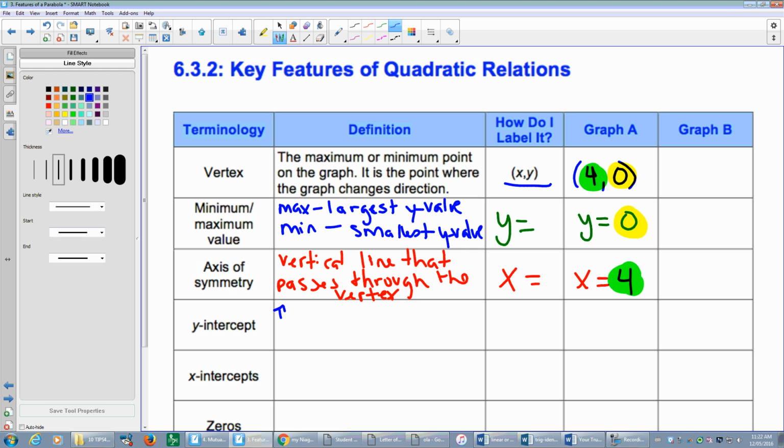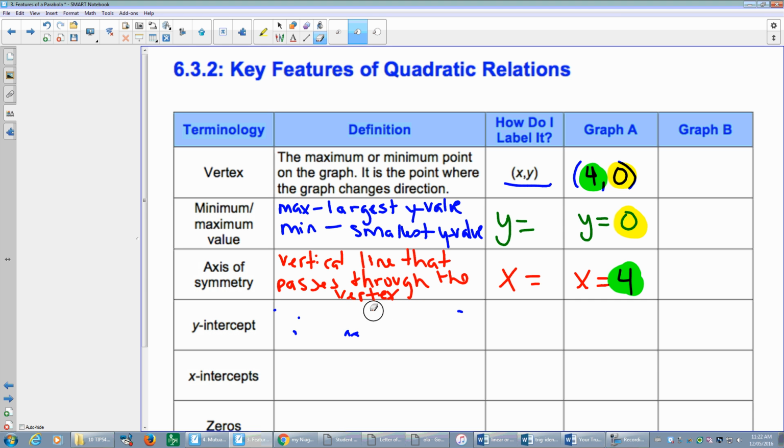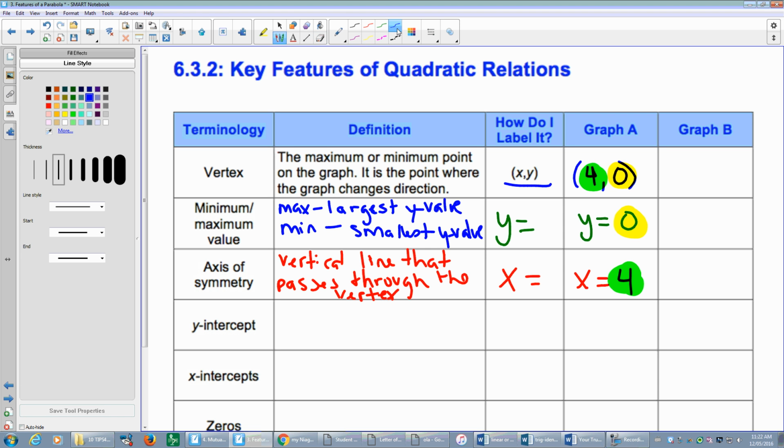So the y-intercept is the y coordinate of the point at which the graph crosses the y-axis.